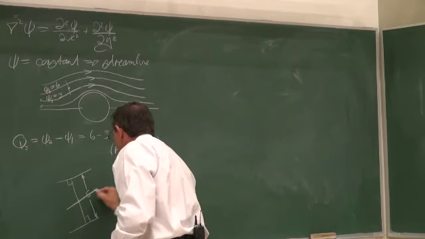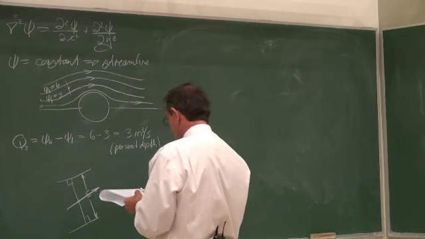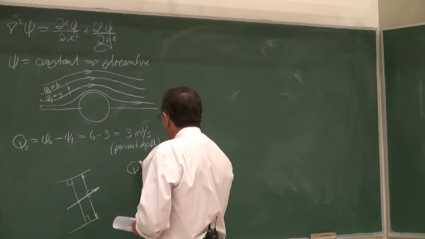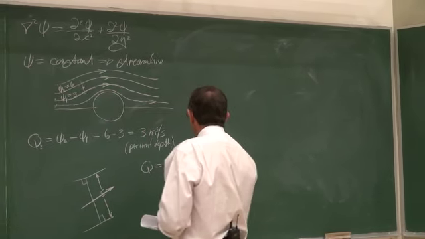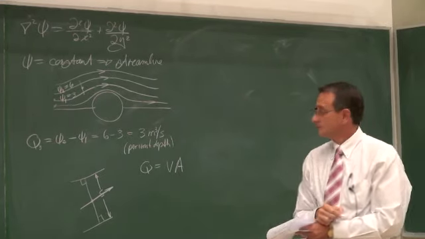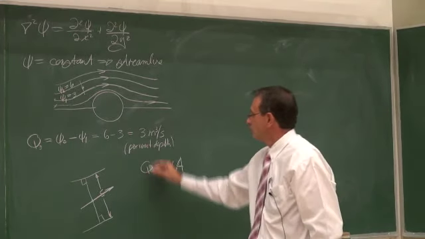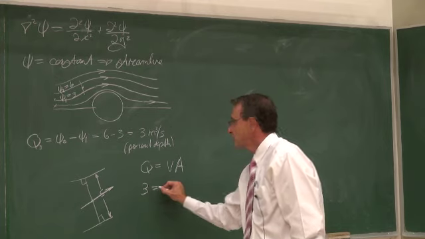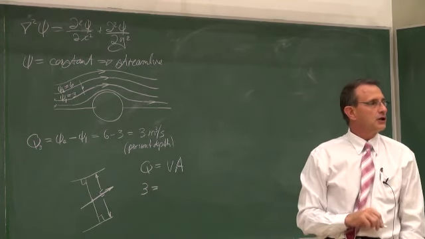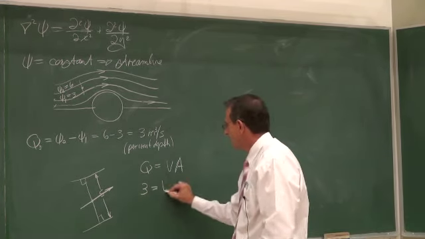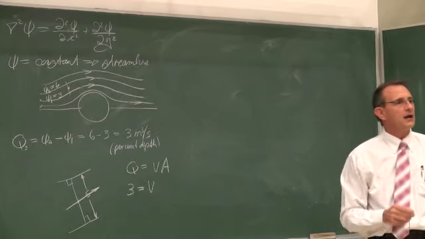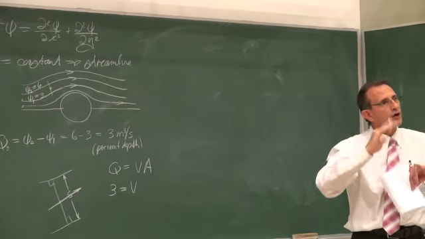We would like to know the velocity at that point there. Then the volume flow rate would be equal to the velocity multiplied by the area. The volume flow rate we have now solved as 3 cubic meters per second is equal to the velocity at that point multiplied by the area through which it flows.